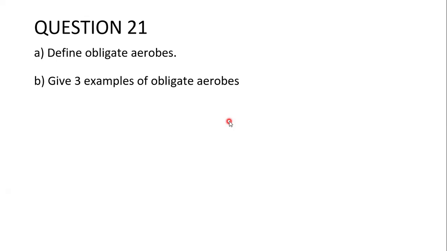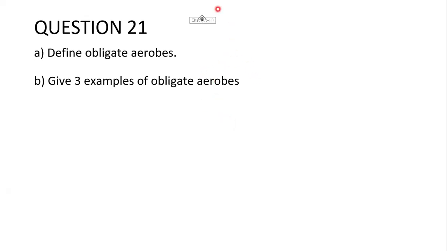Okay. Now, microaerophilic bacteria, or microaerophiles, grow in subatmospheric oxygen levels, for example, in water. Okay. Now, examples of obligate aerobes, these ones you should be knowing.